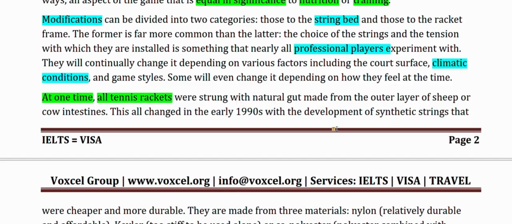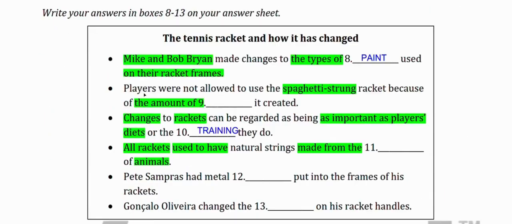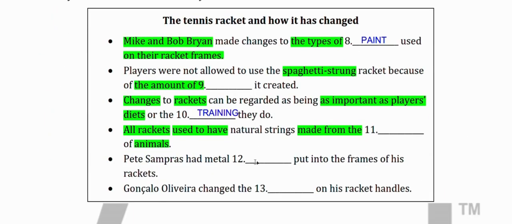Were strung with natural gut made from the outer layer of sheep or cow intestines. So they were made from gut, or you can say intestines, one and the same thing. You can write either, I believe. So we will write gut. That's my gut feeling right now. So we will write gut for this particular question.